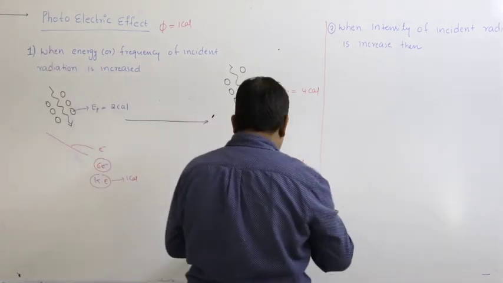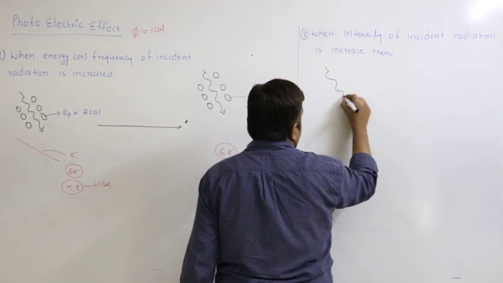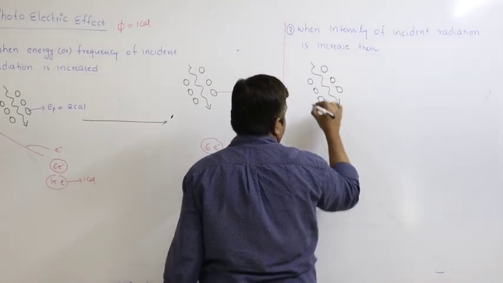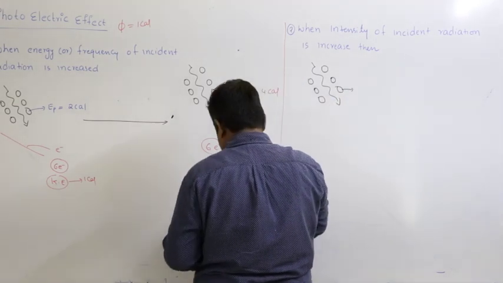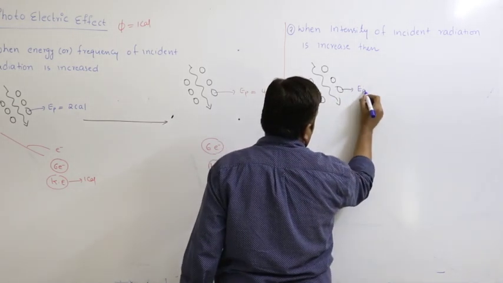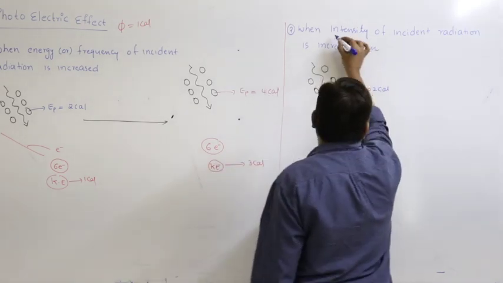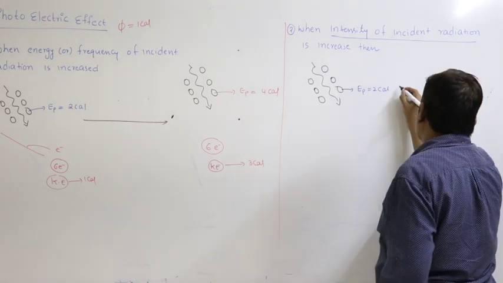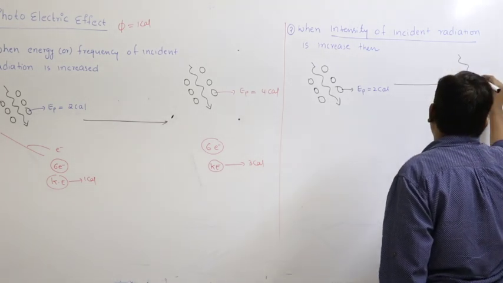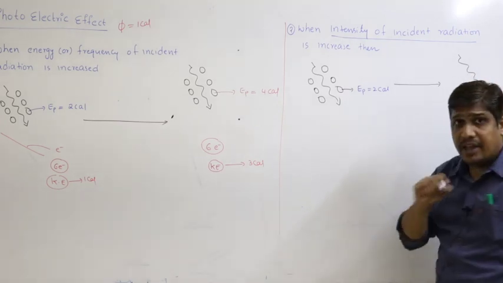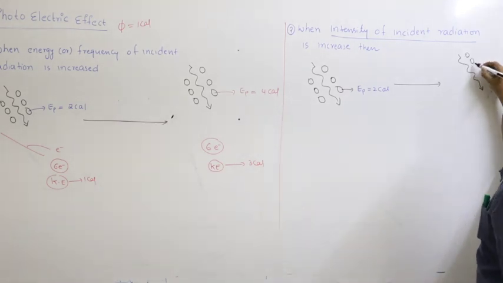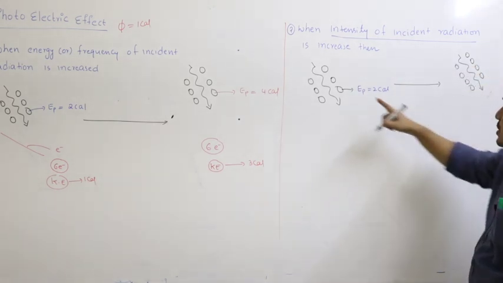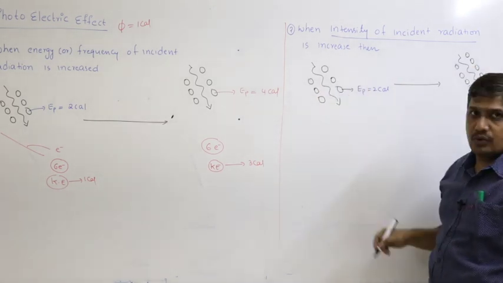So let us come back here. I am taking the same thing. 6 photons. Energy of each photon is, let us say, 2 calories. I am increasing the intensity of incident radiation, then what happens? The energy of photon will remain the same. So here, total 6 photons are emitted. 1, 2, 3, 4, 5, 6 photons.